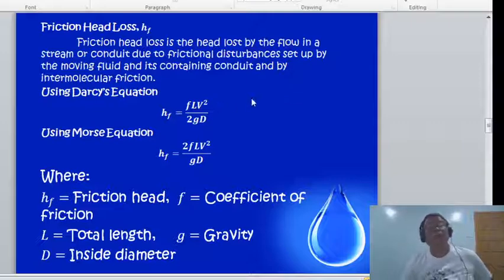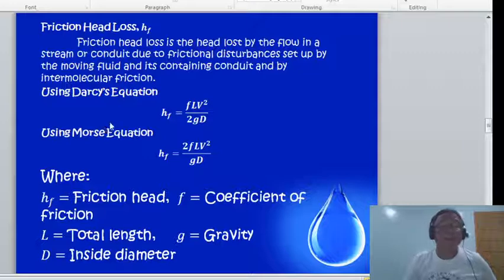The first is the Darcy-Weisbach equation, wherein the formula is hf = fLv² over 2gD. Another is the Morse equation, where the formula is quite similar, but the 2 moves from the denominator to the numerator.